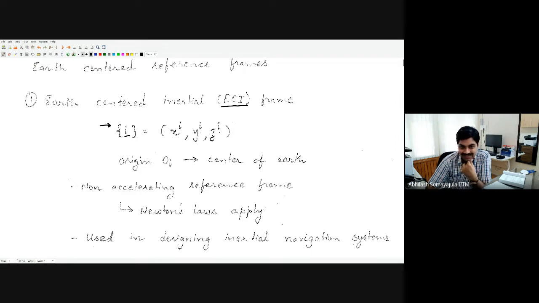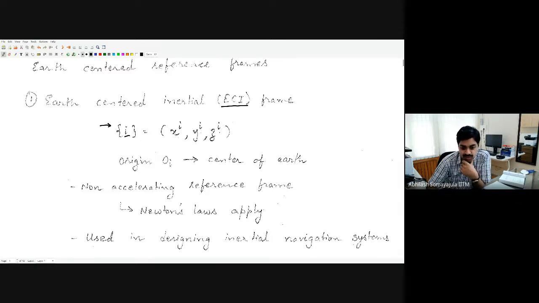Now, one might argue, is Earth really a non-accelerating reference frame, because we are going around the sun and the sun itself is going around some other place? But for most practical applications, these accelerations are small enough that we can disregard them, and Newton's laws apply very well in the Earth-centered inertial frame.